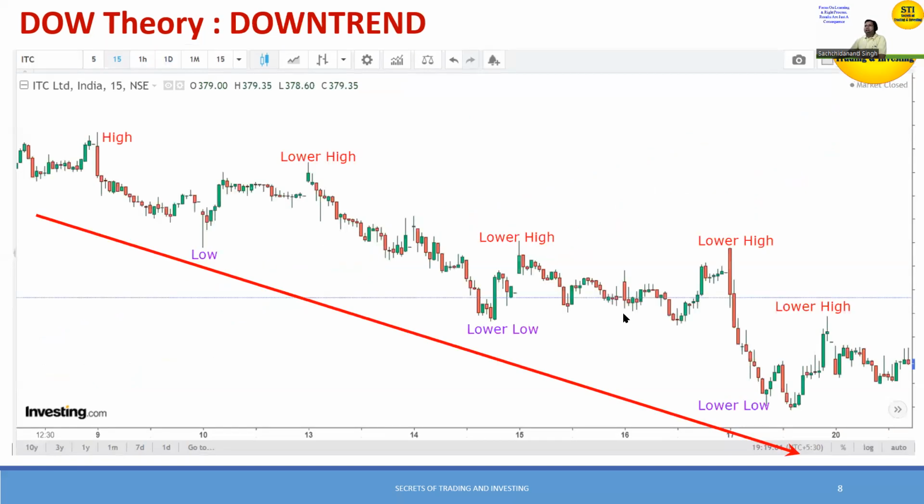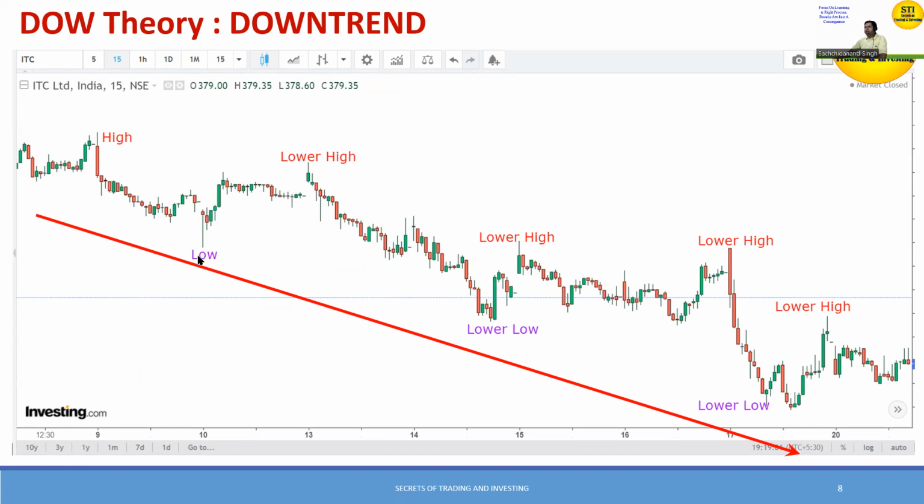Fair enough. And in the same way, the downtrend as per Dow theory is just the reverse. While the stock price is coming down, it is making a low and then some high and low and some high. Okay, so if the current high is lower than the previous high, and again the next high is lower than the previous high, and so on and so forth, that is condition one.